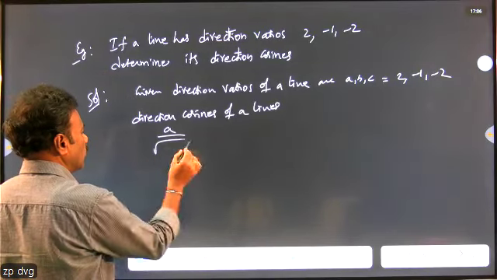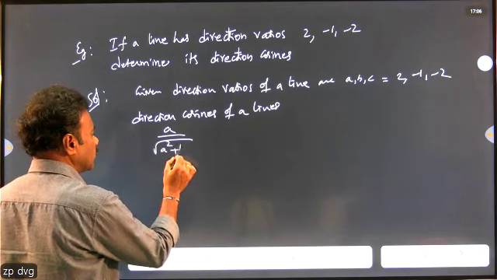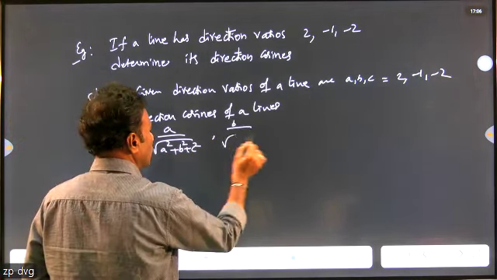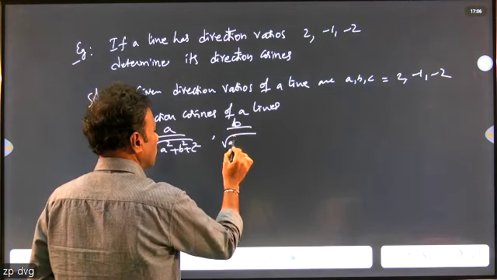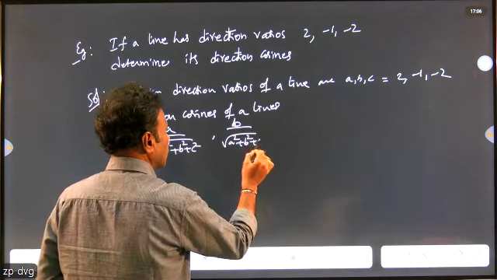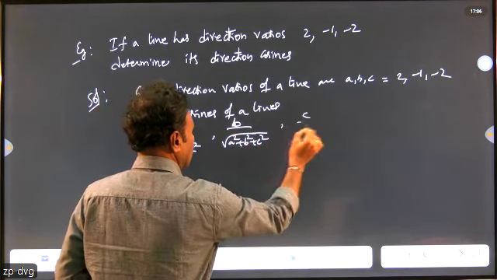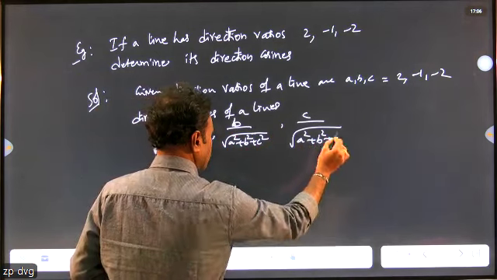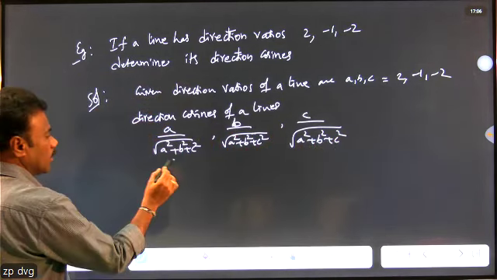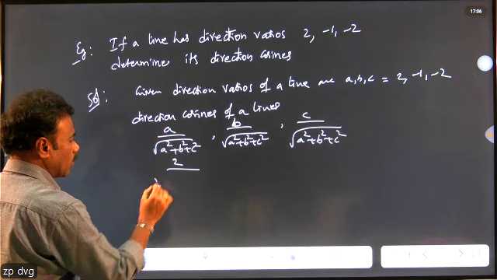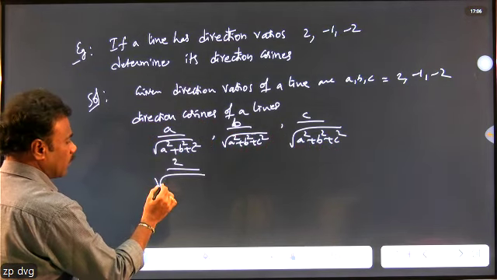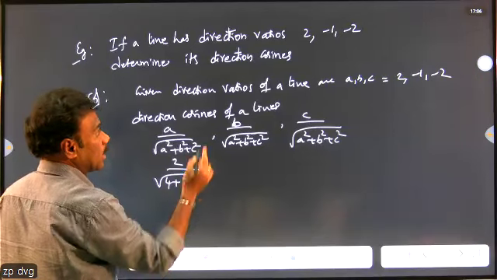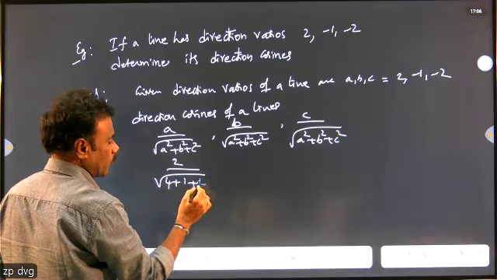So what will you get? You will get 2 by square root of 2 square, which is 4, plus minus 1 whole square, which is 1, plus minus 2 whole square, which is 4.